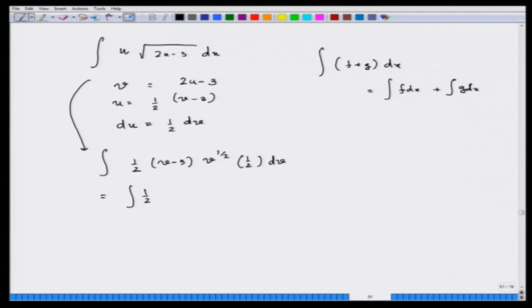This is a very simple known formula, so I am not repeating such things at this slightly higher level. So, here you know what to do. Half of half will become 1/4. So, it will become the integral of v to the power 3 by 2 dv minus the integral of 3 v to the power half dv, and how to write down the answer I leave to you.